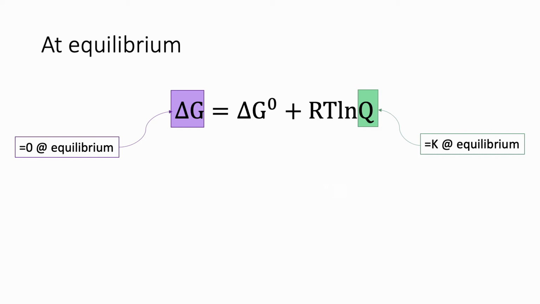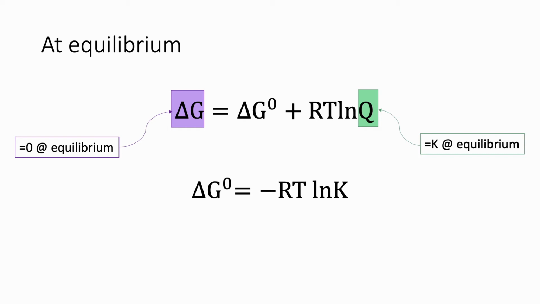So if you plug in K for Q and you plug in 0 for delta G, you can rearrange that equation and get that the delta G under standard conditions equals negative RT times the natural log of the equilibrium constant. So now we have a relationship between our delta G value and our equilibrium constant.